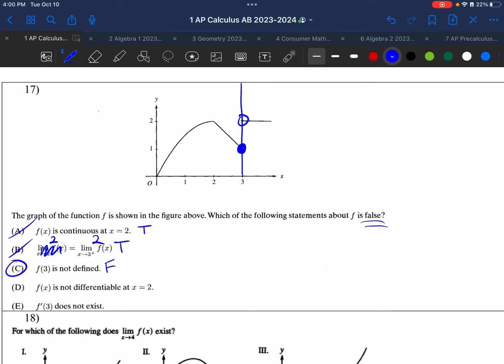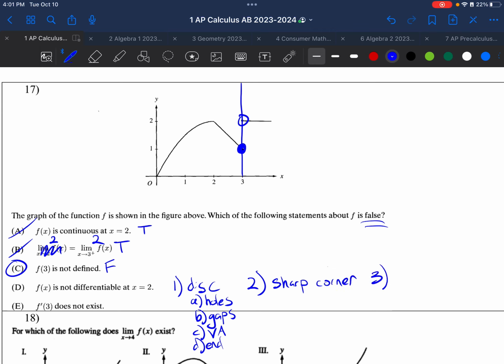What about D? It is not differentiable at 2. Well, there are only 3 things that make a function not differentiable. There are discontinuities, and there are 4 of those: holes, gaps, vertical asymptotes, and endpoints. The second thing is you can have a sharp corner.